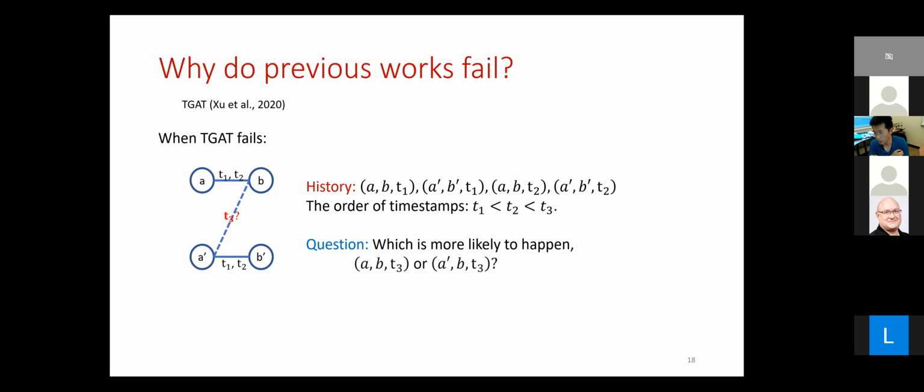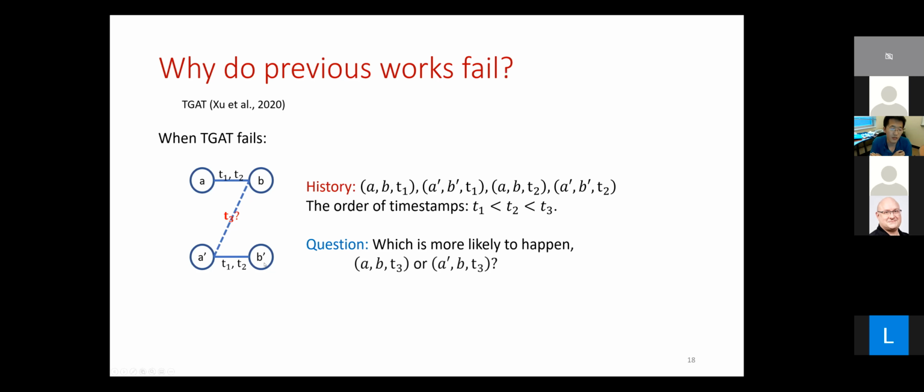Here is an example. Suppose we have two node pairs, AB and A prime B prime, and we observed similar types of events or links in either pair. At T1 and T2, we observe links between A and B, and at T1 and T2, we also observe links between A prime and B prime.